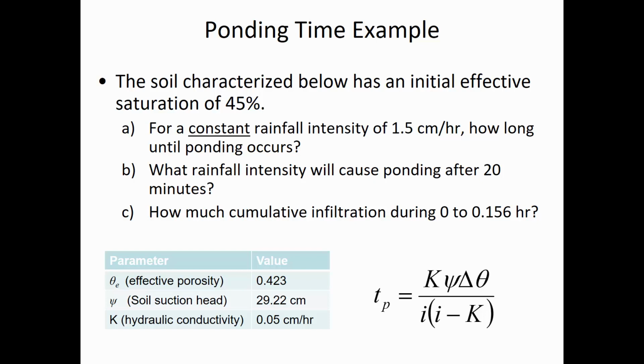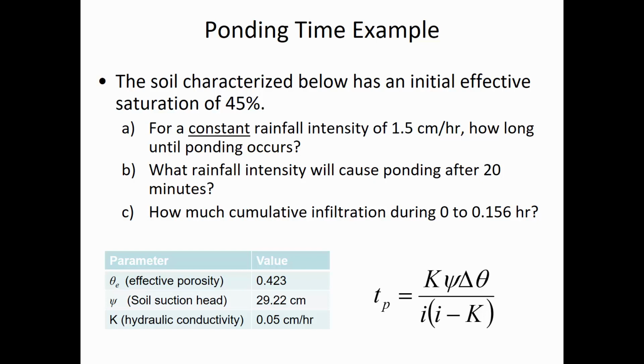It's I squared minus 0.05I, because K is known, it's the hydraulic conductivity, minus 1.0207 equals 0. The roots of that equation are negative 0.986 and 1.036. Obviously it's the positive root, in centimeters per hour. It takes a rainfall intensity of 1.036 centimeters per hour to cause ponding in 20 minutes.